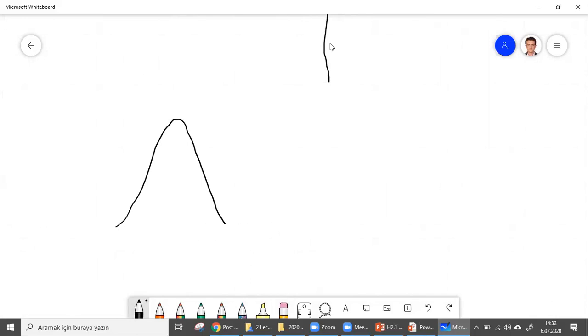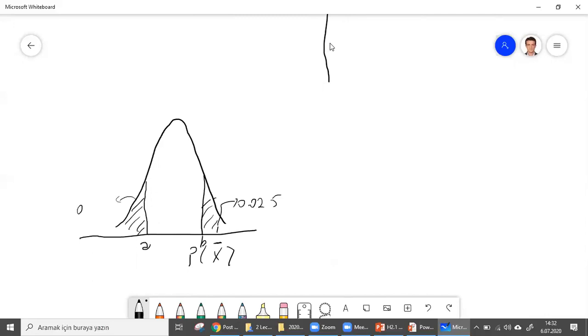The region here is 0.025. Let's say this value is B, and similarly I have something here, let's call this A, and the region here is 0.025. This is mu equal to 70. The probability that X bar is greater than B is equal to 0.025.